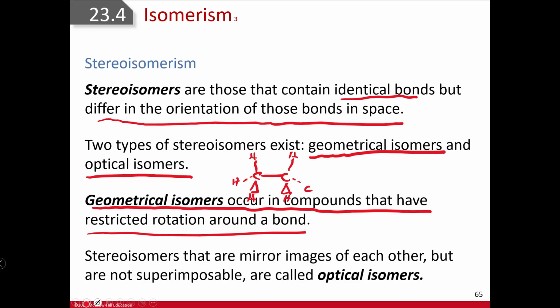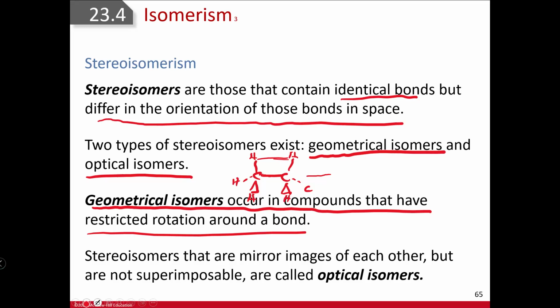Well, this single bond doesn't have restricted rotation. The carbons can twist where the hydrogens are in line with each other. It can also twist where they're off center, like if we would superimpose. If we're looking down this way, we could see that this hydrogen is in this blank space here on this carbon. So it's a rotation of, like, 30 degrees.